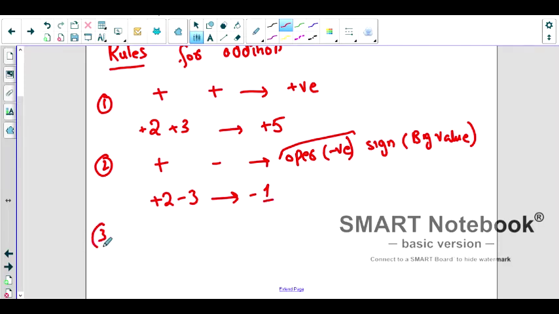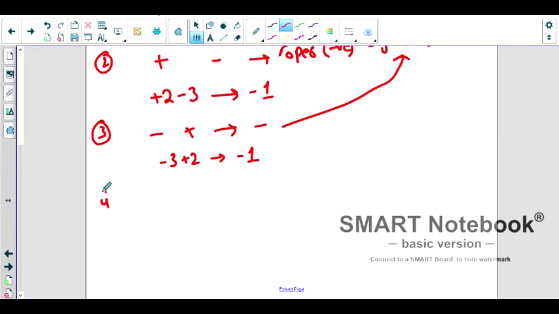Moving forward, the third rule is also the same. If the first number is negative and the second number is positive, still you will do the subtraction, sign will come from the bigger value. Like if it is minus 3 plus 2, it follows the same rule, the answer will be negative 1. What if both values are negative?